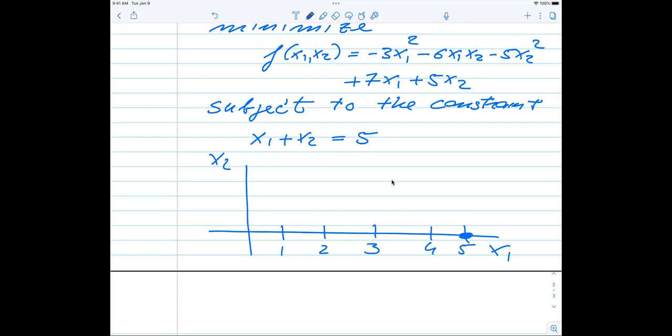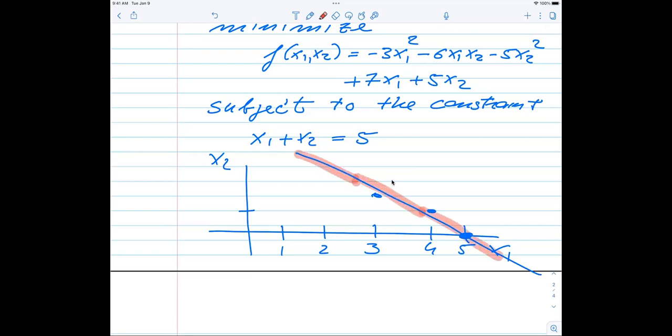And then we see that if x1 is equal to 4, then x2 has to be equal to 1. So we get this point. And since this is just a straight line, we see immediately that if x1 is equal to 3, then x2 has to be equal to 2 here. So this goes like a line. Okay, you see again my fantastic drawing capabilities. Just imagine this is a straight line. So the solutions are now going to be on this line here.